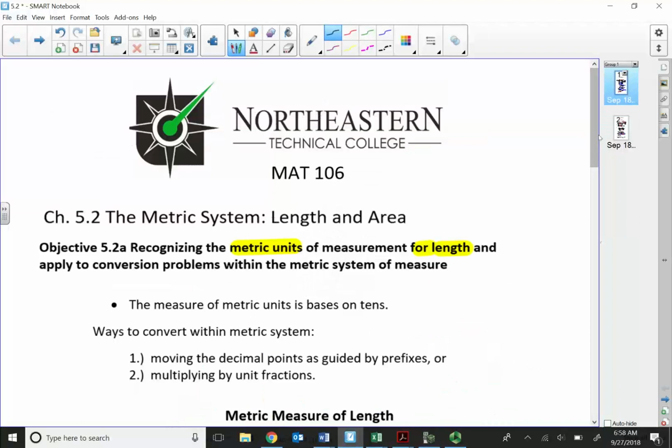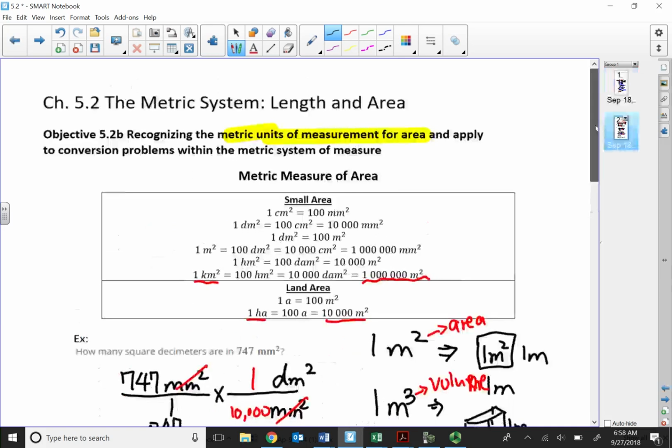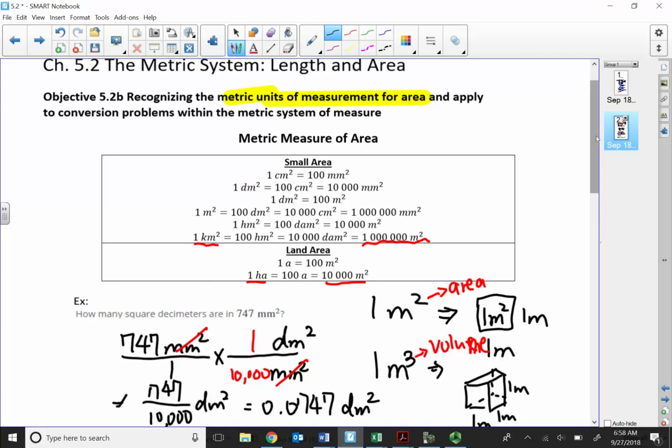D, I hope I'm not saying it wrong. D is deci, yeah. D is deci. DA is deca. Make sure, sometimes I say it wrong. I'm going to check this real quick.